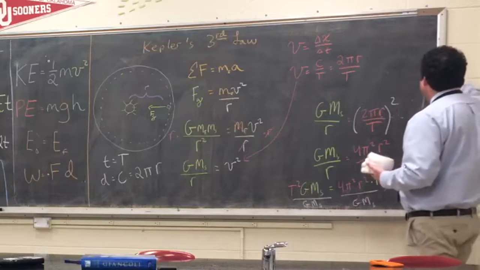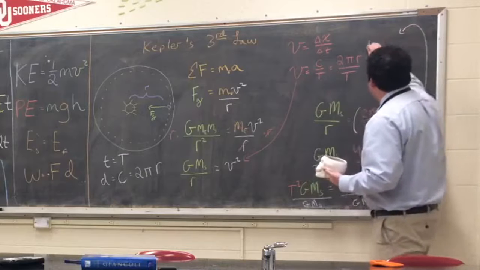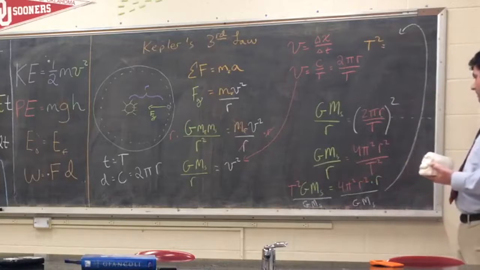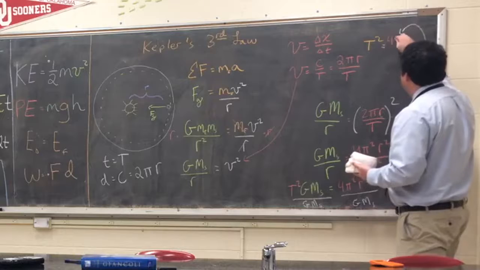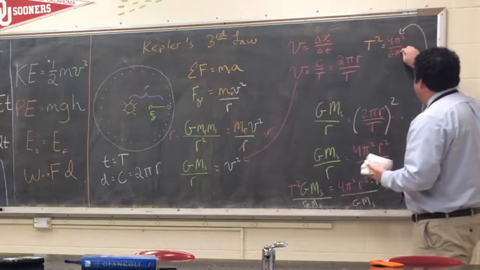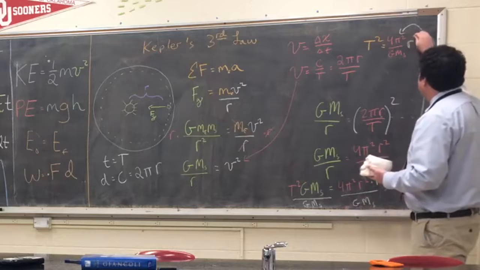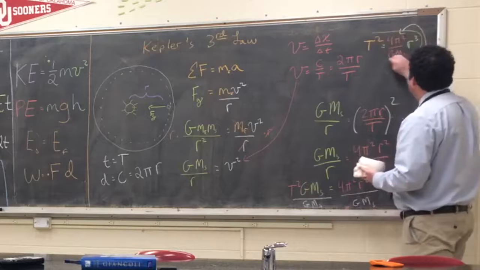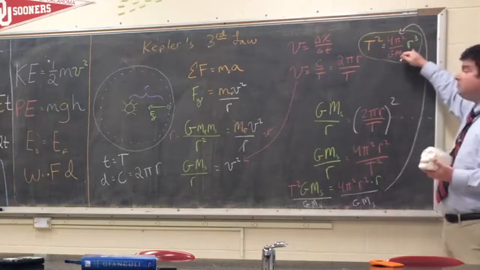So I'll write that up here. T squared equals 4 pi squared over G Ms, r squared times r is r cubed. And that's Kepler's third law. The squared period is proportional to the cubed radius.